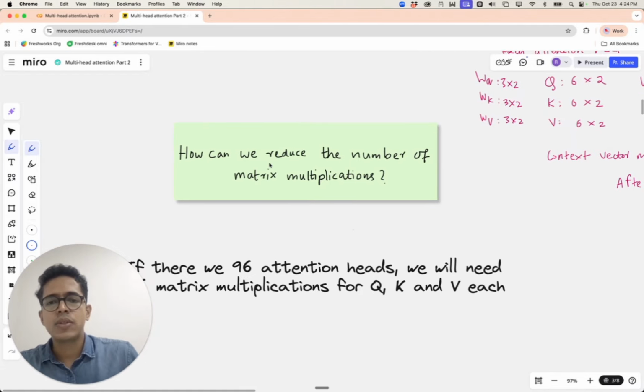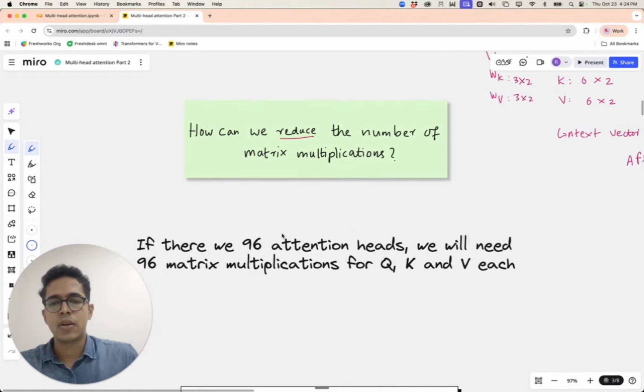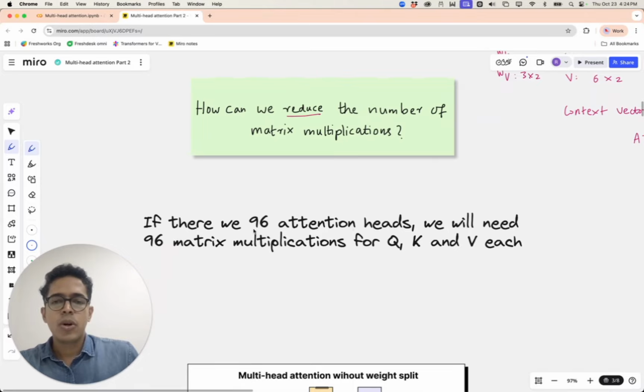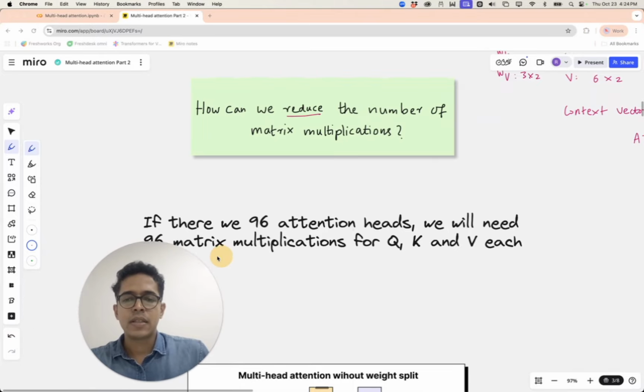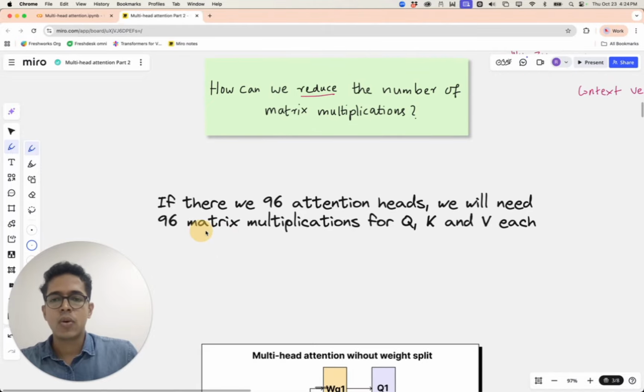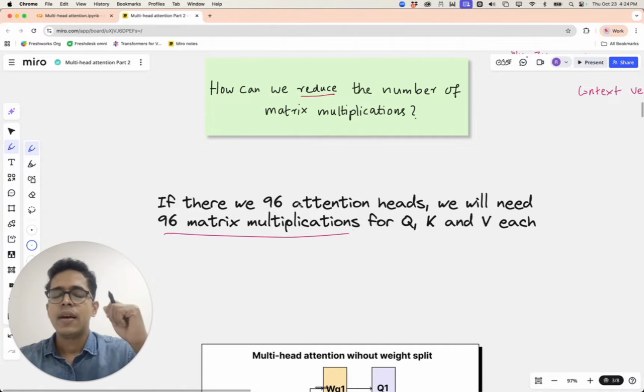How can we reduce the number of matrix multiplications? That's our question. So we don't want to be doing 96 matrix multiplications for finding each query in each attention head if we were using GPT-3. We don't want to be doing 12 matrix multiplications for finding each query if we were using, let's say, GPT-2 small.